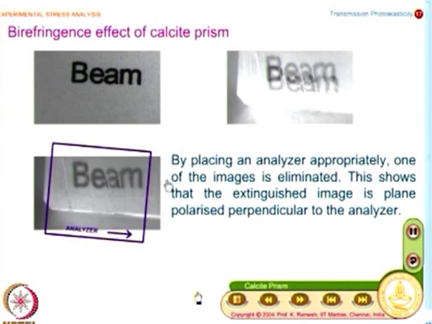So, this goes to prove two things. You find these rays are polarized, that is why I am able to cut off one image. The other image's vibration is perpendicular to this, so that image is cut off, because the analyzer will allow only one component of light.